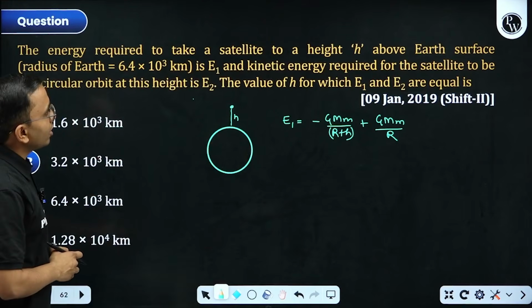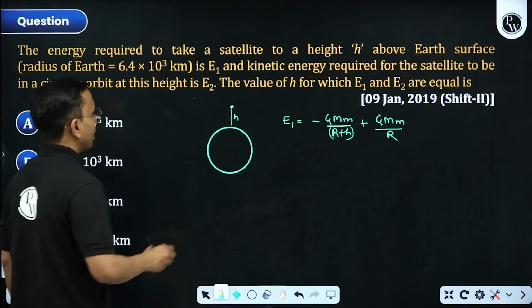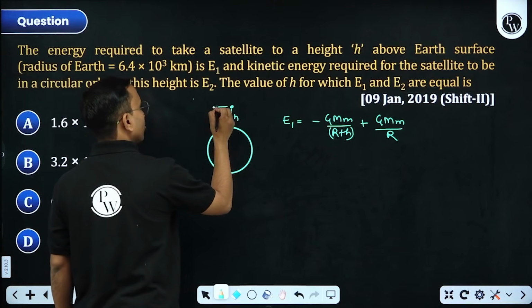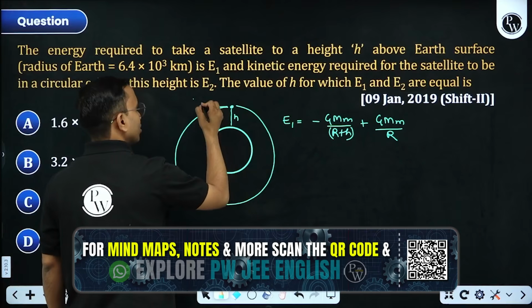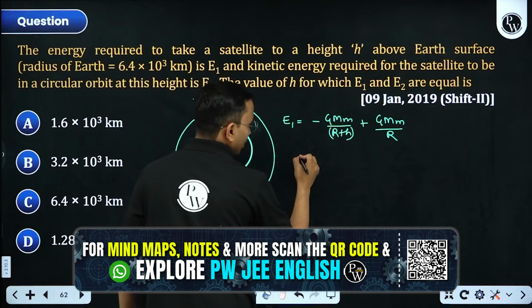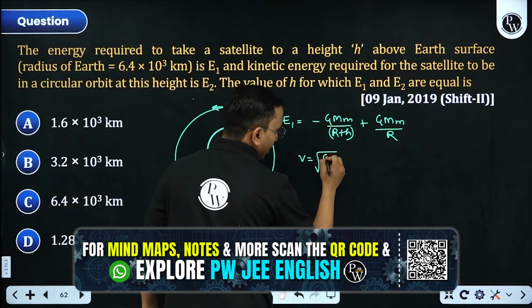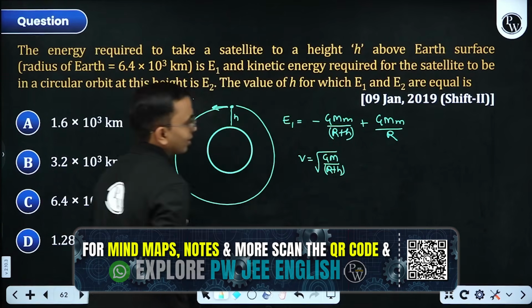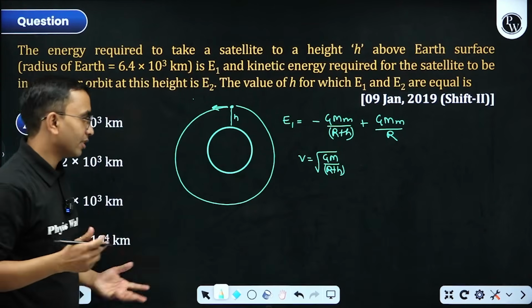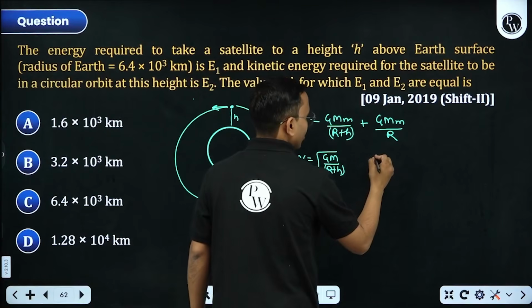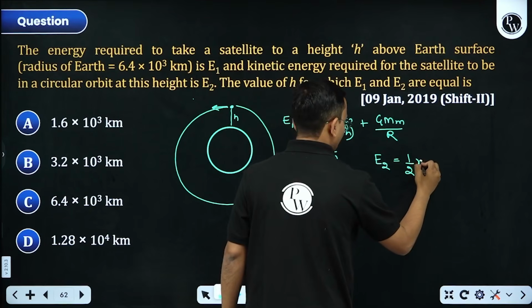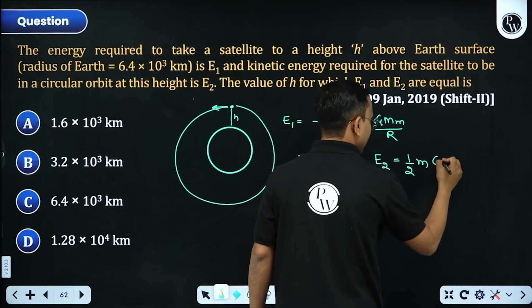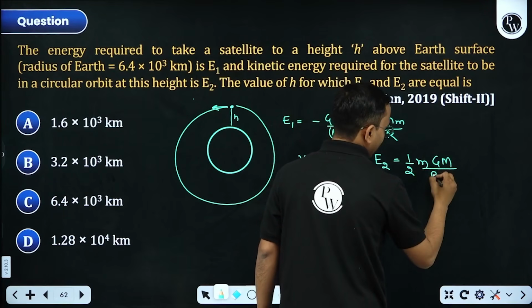And the kinetic energy required for the satellite to be in circular orbit at this height is E2. Now, when I am moving this in the circular orbit here, how much is this velocity? V is equal to root of GM by r, that is (R plus h). That is the velocity. I can write the kinetic energy here. So E2, that is my kinetic energy, that is half m v square, so that is GMm divided by 2 times (R plus h).